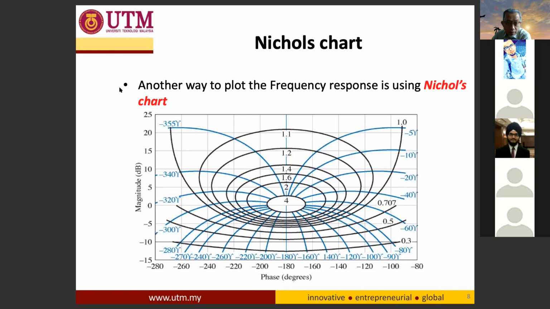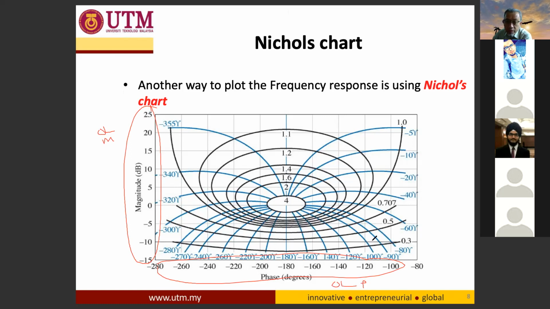You can see there is a magnitude outside the chart, and also degrees. The one outside the chart we call the open loop magnitude, and this one is the open loop phase.